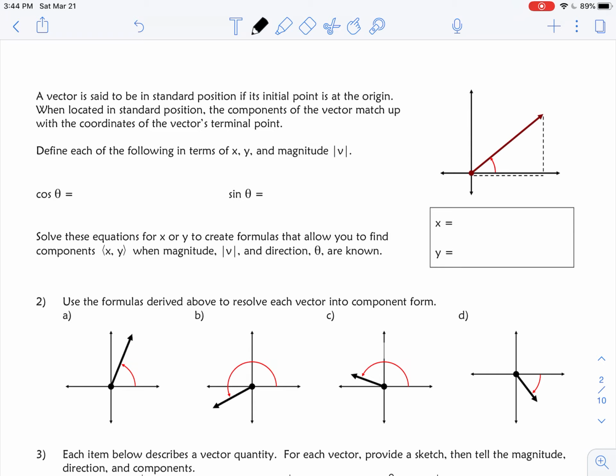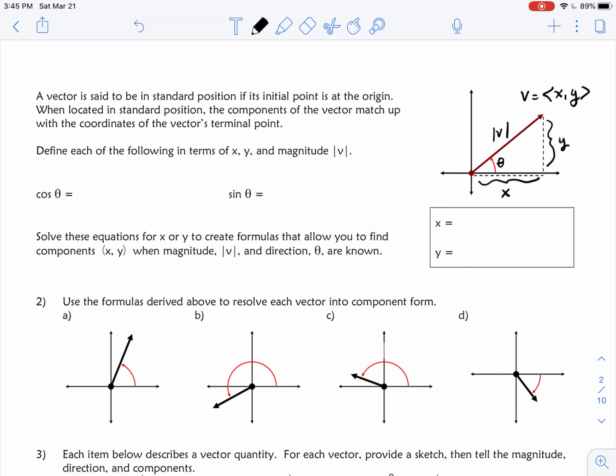So for this guy, here's my theta. This is my x distance, my y distance, and this is the magnitude of the vector, the length of the vector.